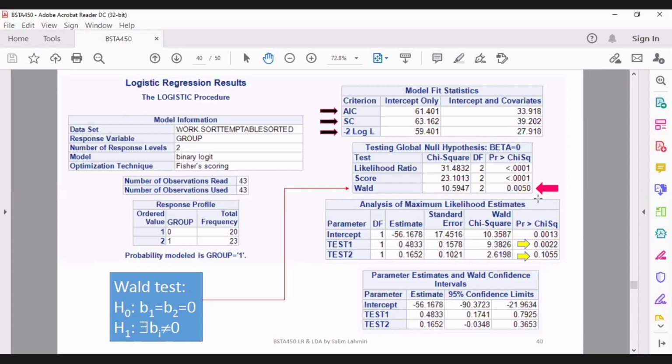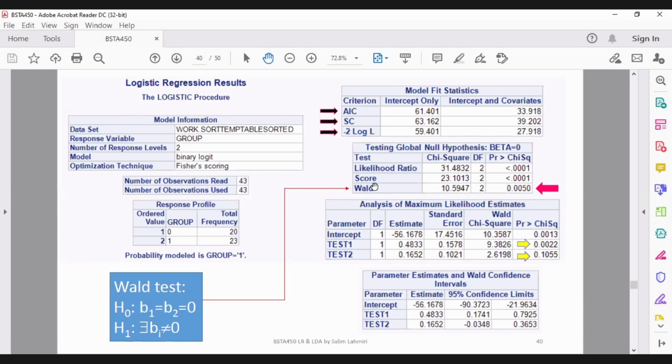Now, to evaluate the goodness of fit of logistic regression, we need to look at the Wald test. The Wald test is a global test to check whether beta 1 is equal to beta 2 is equal to 0. The alternative hypothesis is that at least one of the B's is different from 0.